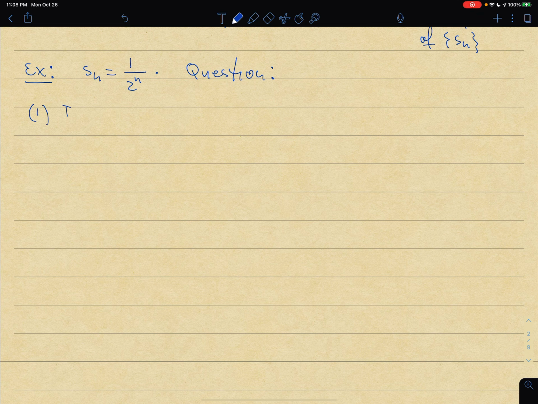Number 1 is 1/2, 1/4, 1/8, actually 1/16, 1/8, 1/32, etc. Is this a subsequence of Sn?